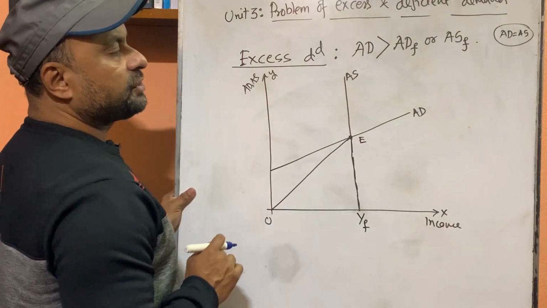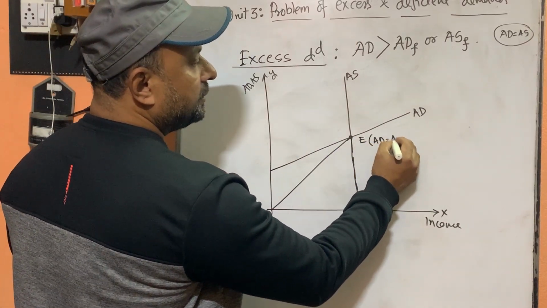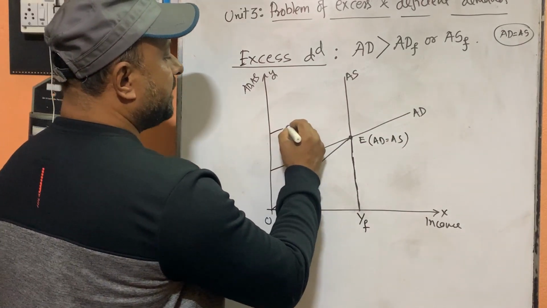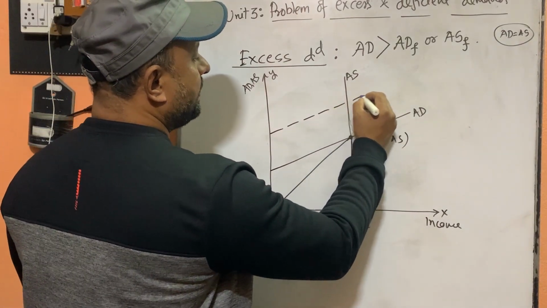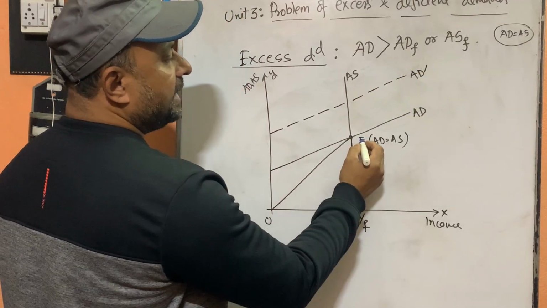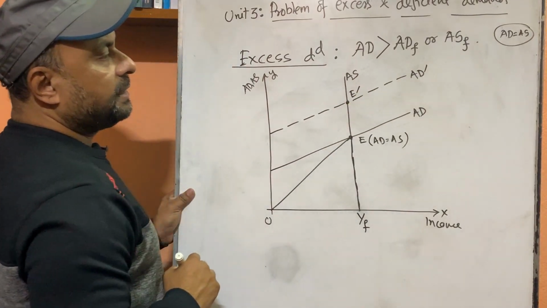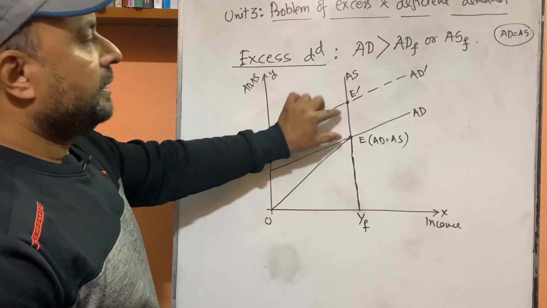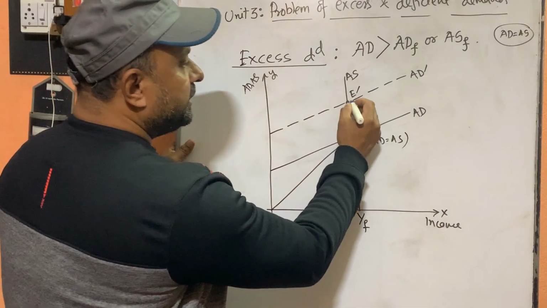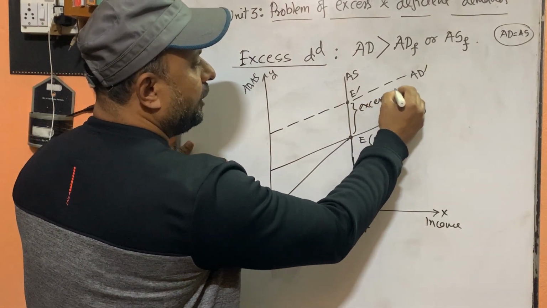In this situation, AD and AS are both equal. Now, if the country's aggregate demand further increases, this is the new aggregate demand curve. This is the earlier equilibrium point, and this is another equilibrium point. At that time there is excess demand. This much is the supply of the country, and demand is this much, so there arises this much excess demand in the economy.